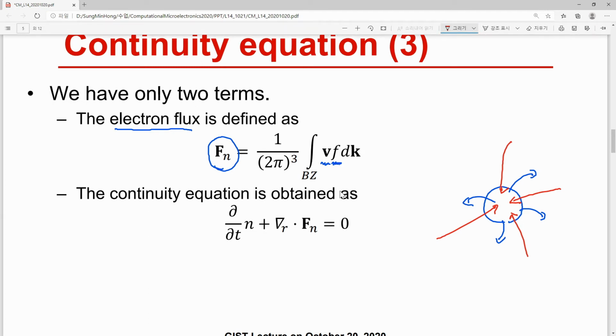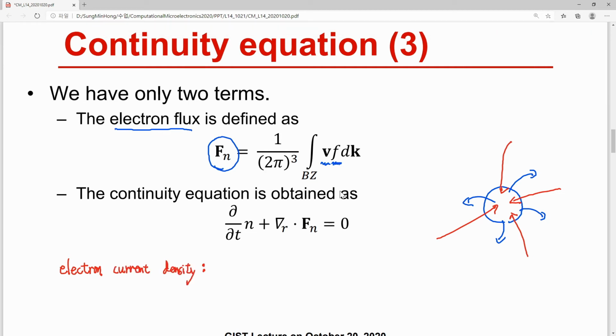Let me just introduce the electron current density. Now, electron flux is just carrying the number. The electron current density describes the charge transport. So flux F sub n just describes the number transport. However, now we have to multiply by minus q.